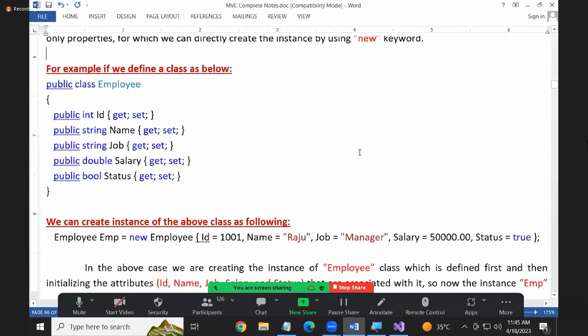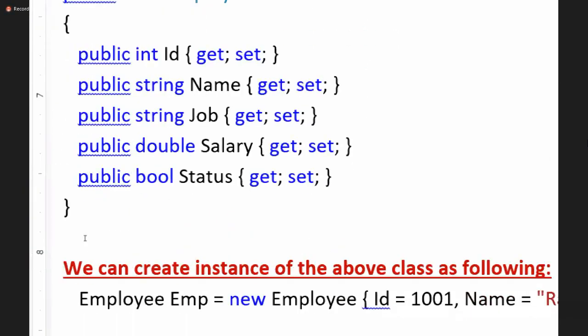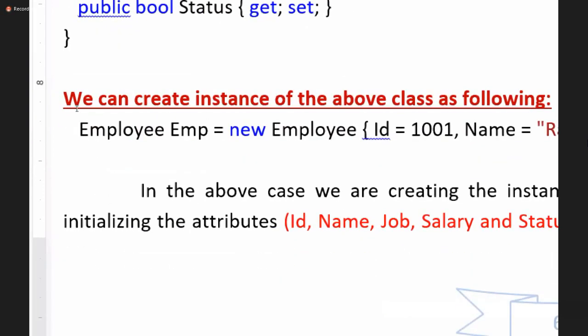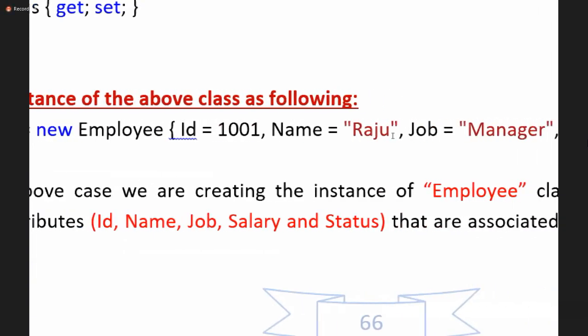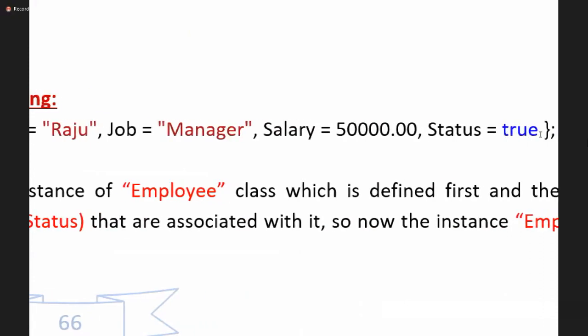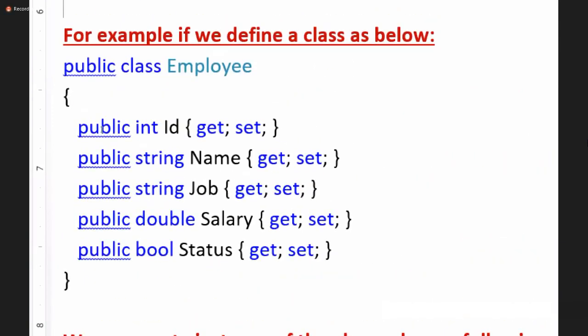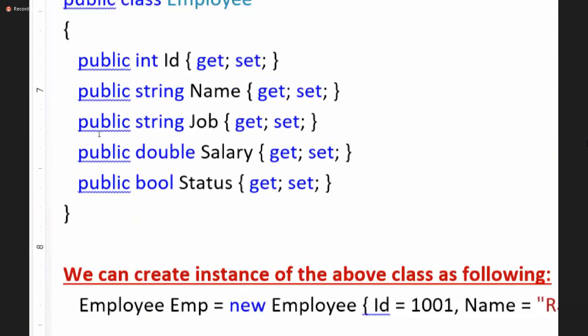For example, here, this is a class. Just for example, if I define a class like this, I want to create the instance of the class, but I don't have a default constructor in the class. How do I create it? We can create an instance of the above class, Employee emp is equal to new Employee, passing all the values. Object initializer. But to do this, first I should define this class. Correct or not?